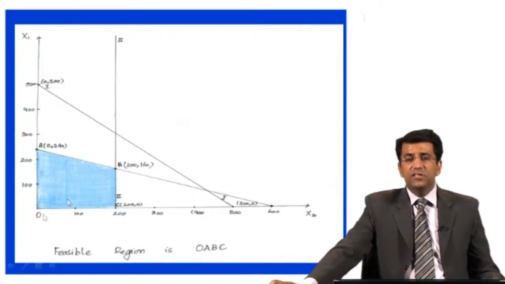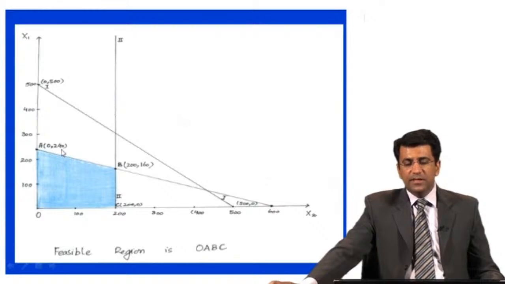Now again, point 0 is the origin where of course the value of x1 and x2 is equal to 0, and we are not interested in that particular point. The next point is A, whose coordinates we already know. That is, the value of x2 is 0 and x1 is equal to 240.